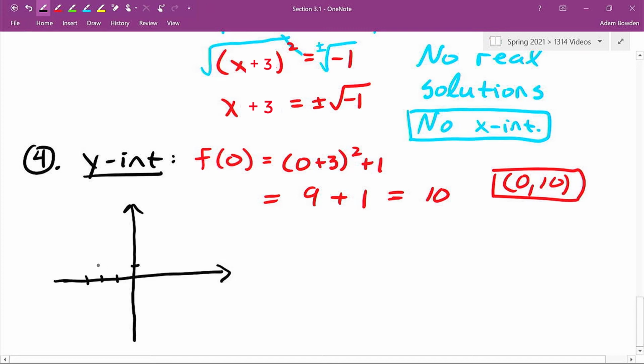We only have two coordinates to speak of. One of them is the vertex at -3, 1, and the y-intercept at 10. And since we made note that the parabola was opening upward, it's going to come down to the vertex, turn around, and go back up, passing through the y-intercept of 10.